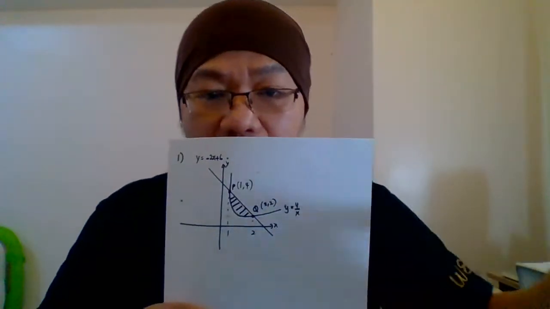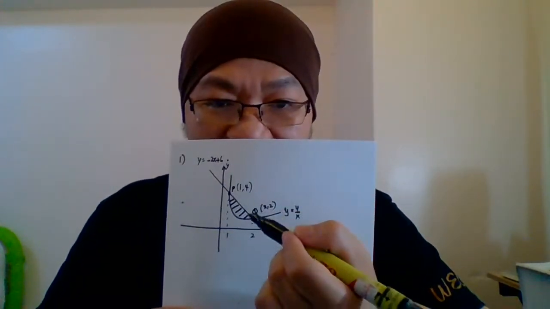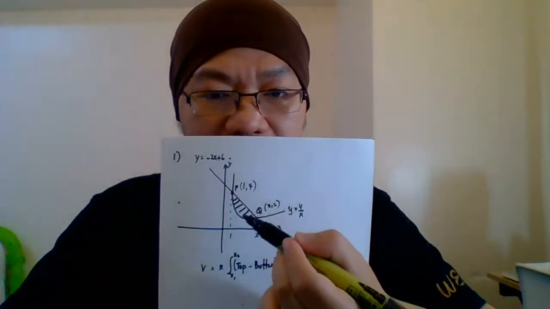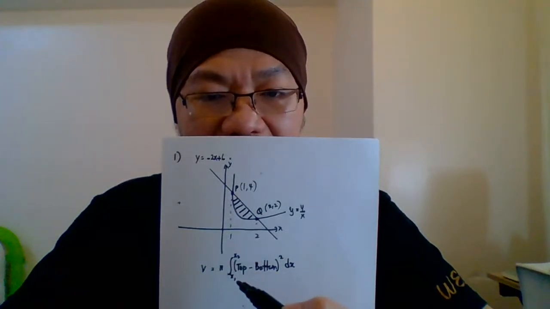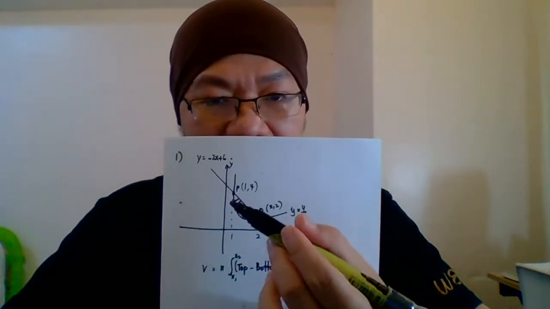If you still remember, who's the top, the curve or the straight line? From the diagram, we can see the top is the straight line. That means to find the volume of the shaded region, V equals pi integrate from x1 to x2, and because it is against the x-axis, the formula will be the top minus the bottom.